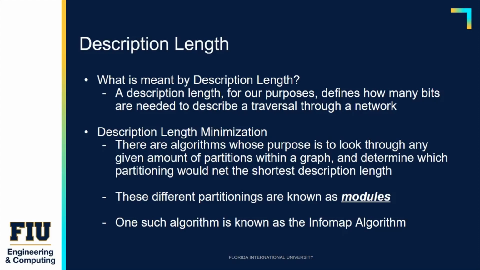Essentially, the Infomap algorithm, as we'll explain in future videos, looks through the different partitions within a graph and sees which one would net you the shortest description length. That's the whole purpose of what it's trying to do, and that's how it optimizes the community detection.